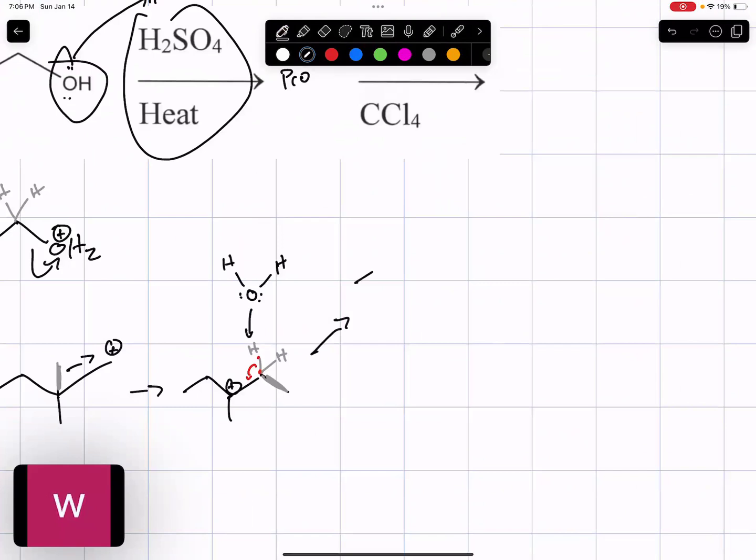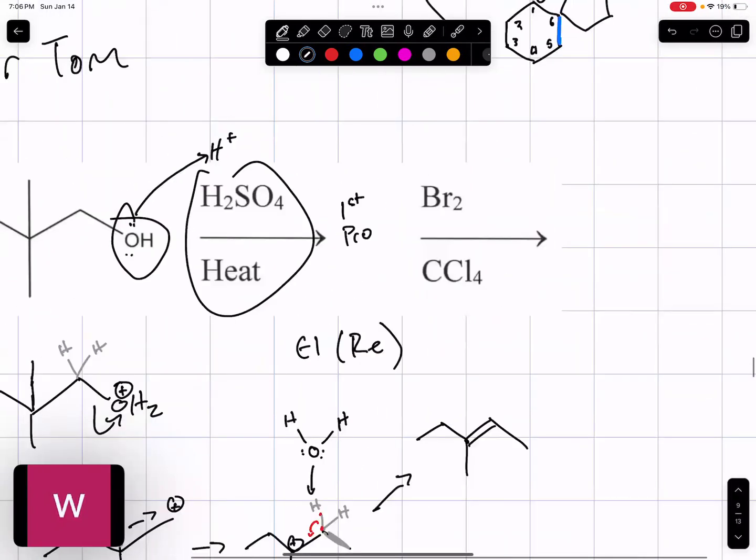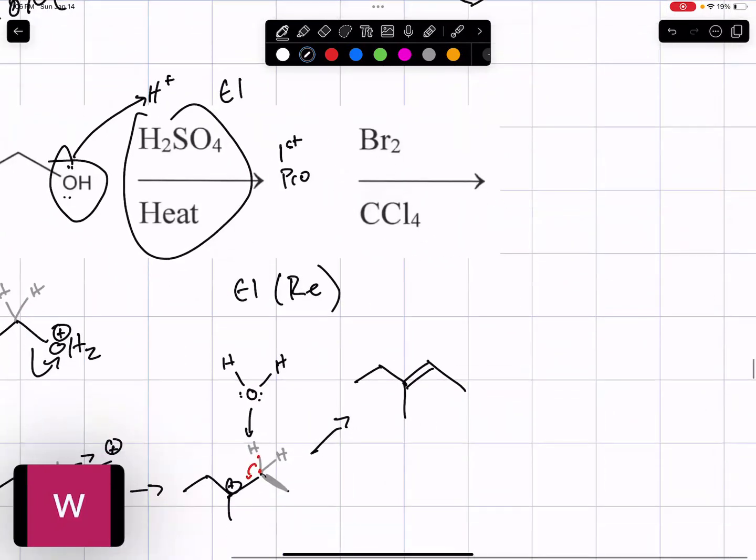This first product is the Zaitsev alkene. But all I wanted to show is that there's rearrangement with a reaction like this. This is what we call an E1 elimination reaction. And E1 elimination reactions have rearrangement. E1 always has rearrangement. Okay? This is an E1 reaction here. So what now? Okay, that's all fine and dandy. That's our first product.